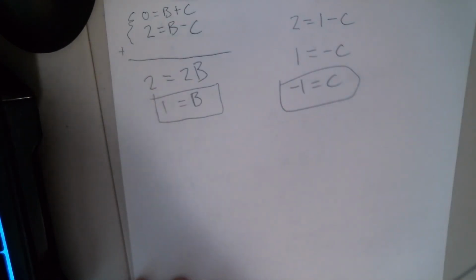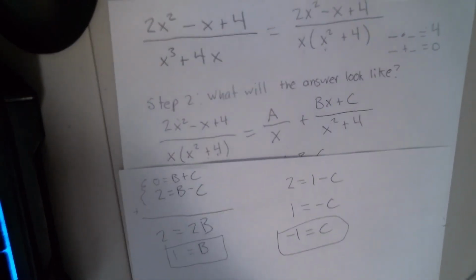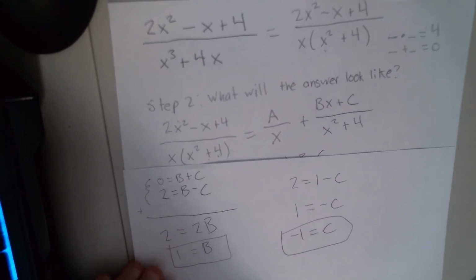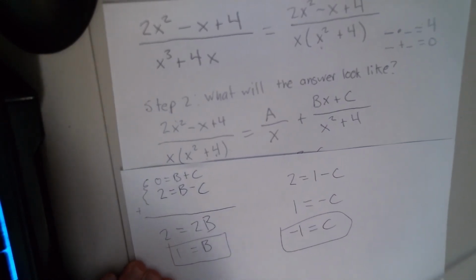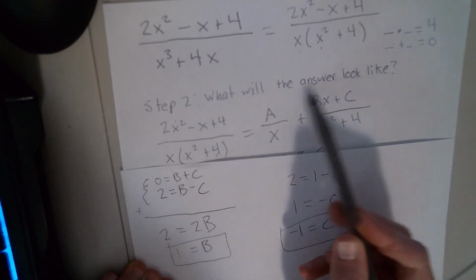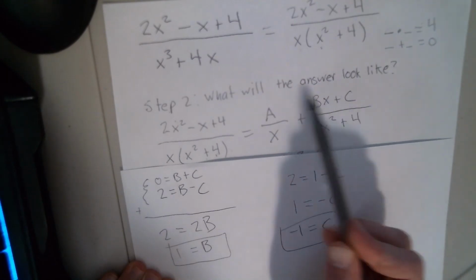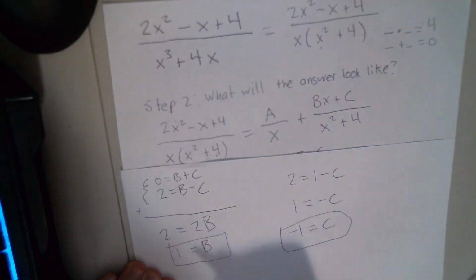So if we remember here, our original answer that we were looking for was this right here. We were wanting to figure out what the partial fraction decomposition was, so we figured it out.